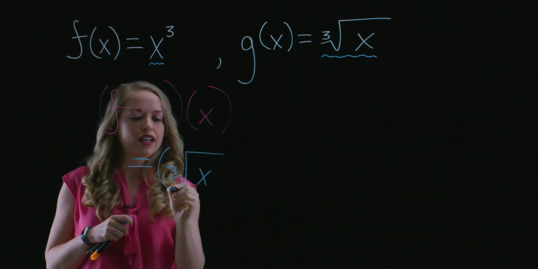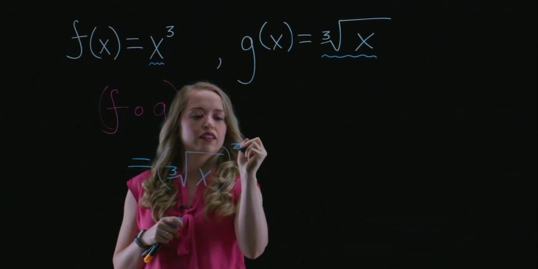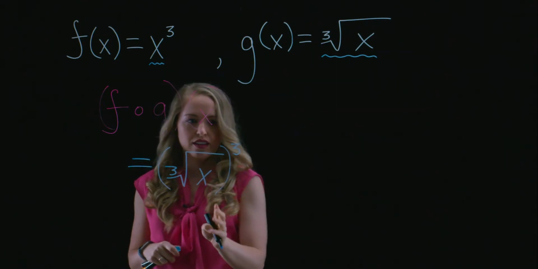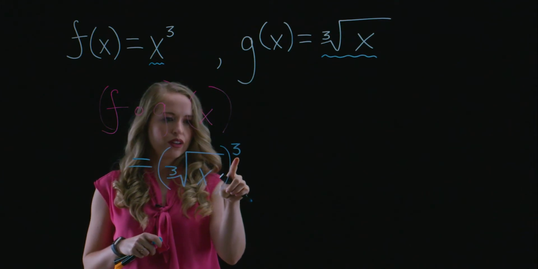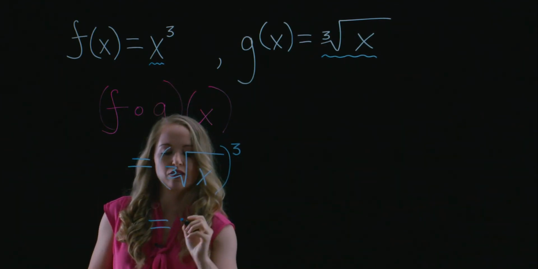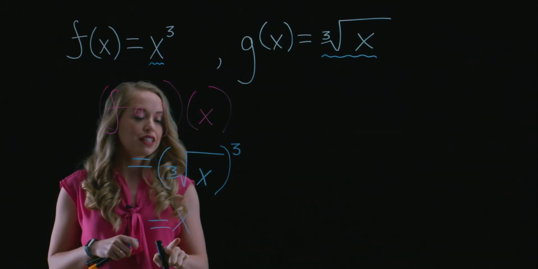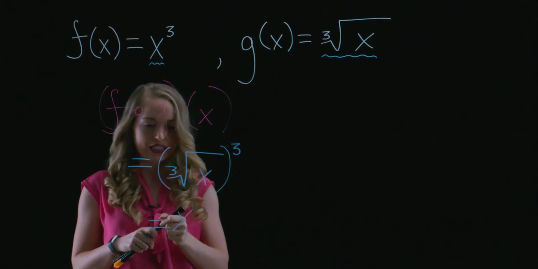I'll stay organized and separate it in parentheses, and then raise it to the third power. From here, I simplify. If I have the cubed root of x raised to the third power, those operations cancel each other out, leaving me with x by itself, which is exactly what I expected and exactly what I needed to show that those functions are indeed inverses.